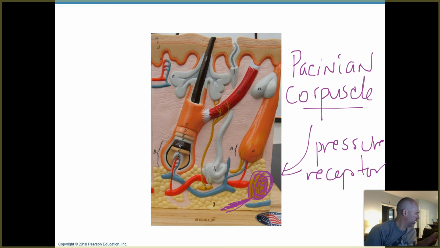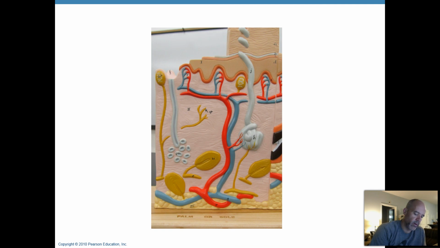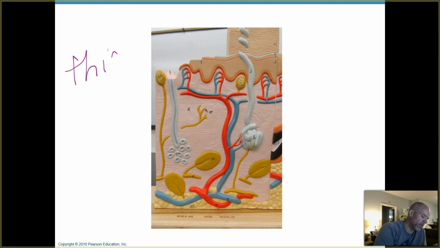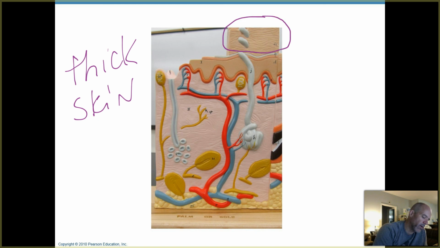All right, let's see. We did all of that. I'm going to flip over here for a second. This next little skin chunk picture actually comes from thick skin. Part of it does. This is a thick skin chunk, and so if you look over here, notice how you've got a portion of the skin there that's going way up higher.